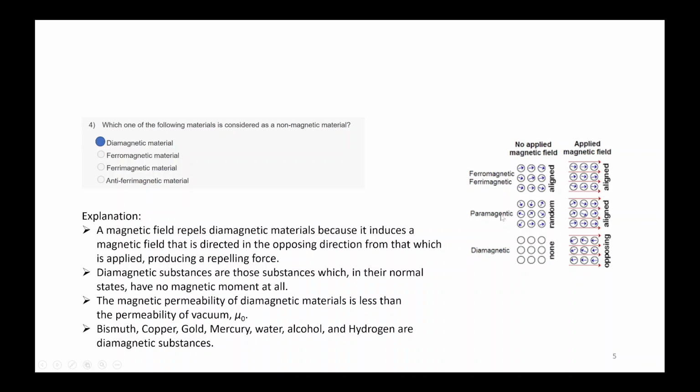Now these are different. In case of paramagnetic materials, when we apply this field, these will be aligned in the direction of applied field. And in case of ferrimagnetic and ferromagnetic, without application of magnetic field, there will be some kind of alignment before as well, and when we apply it, it will be aligned as well.